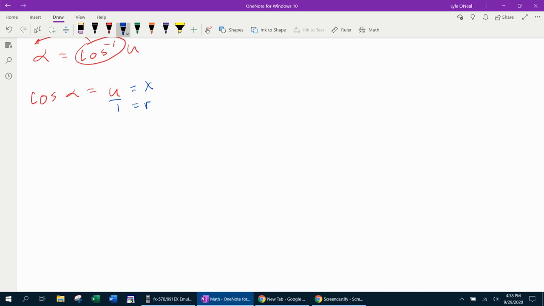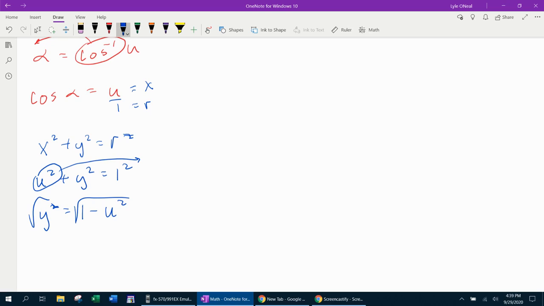Okay, so using Pythagorean theorem, x squared plus y squared equals r squared is going to be u squared plus y squared equals 1 squared. And then I'm trying to solve this for y. So y squared is 1 minus u squared, taking the square root of both sides gives me y is the square root of 1 minus u squared, okay?